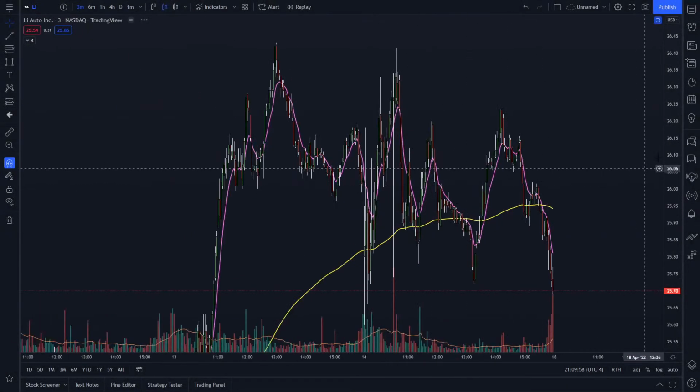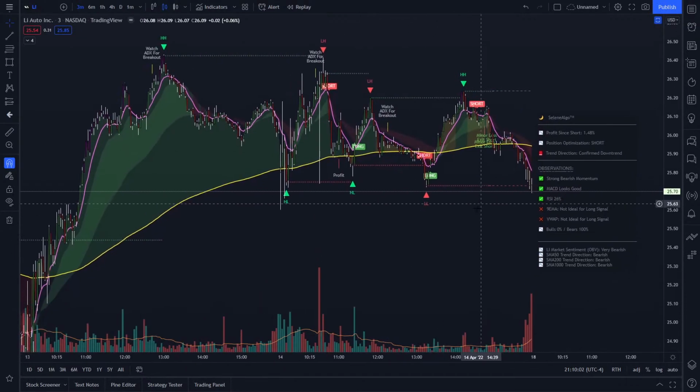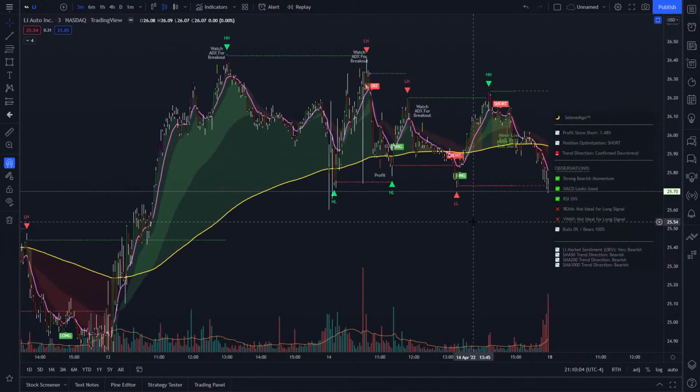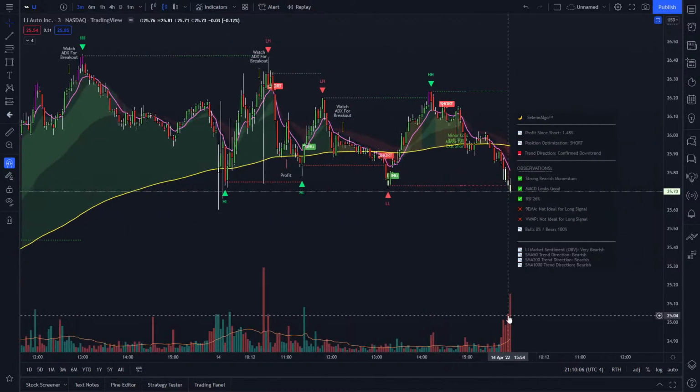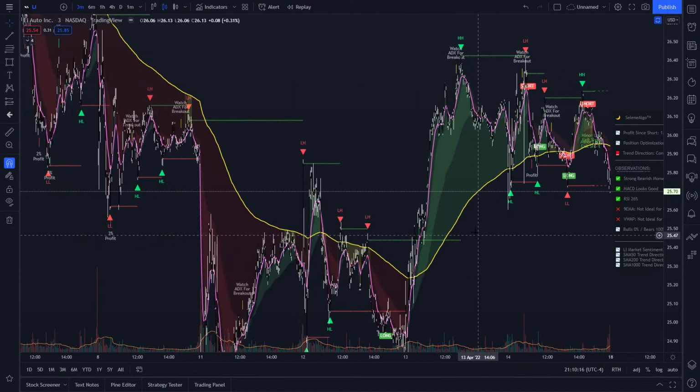LI at a triple bottom right now, looks like. Probably going to be seeing more downside with this. Look at that volume. $25.60.